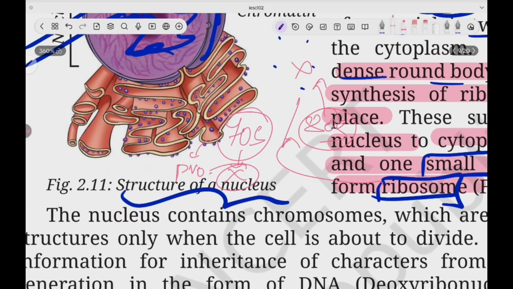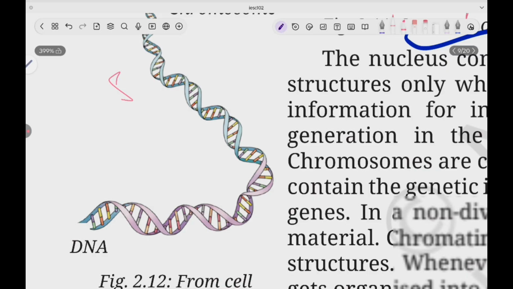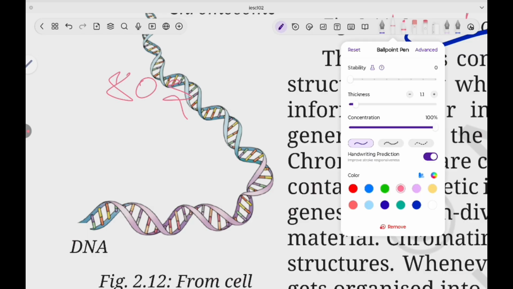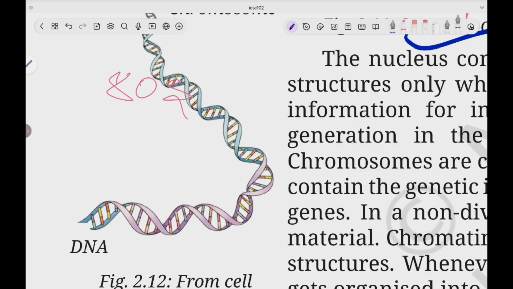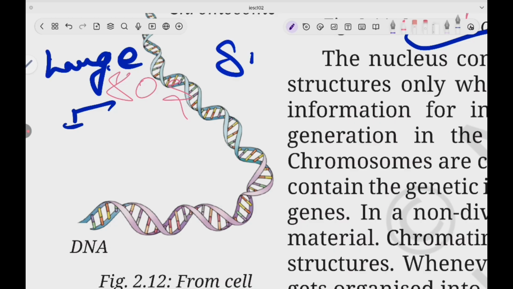So this 80S can be divided into two. These 80S ribosomes are formed by two subunits. One is the large subunit, another one is the small subunit.